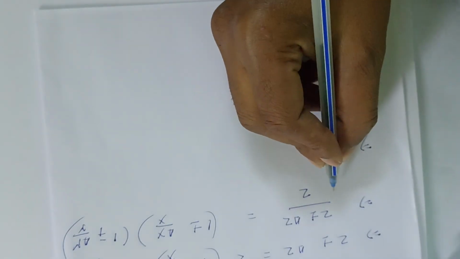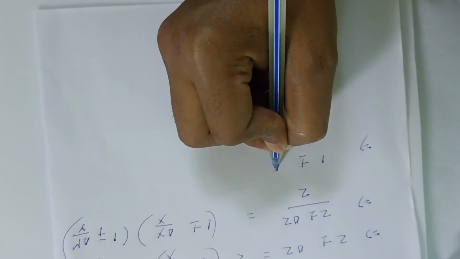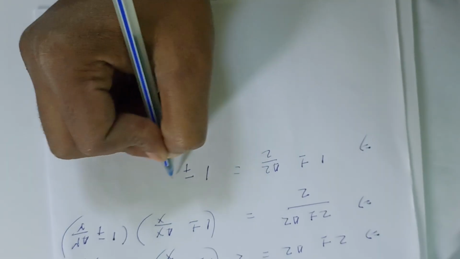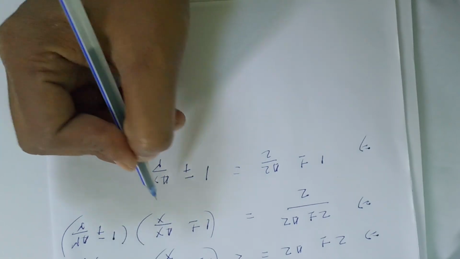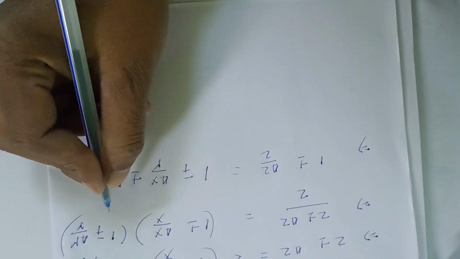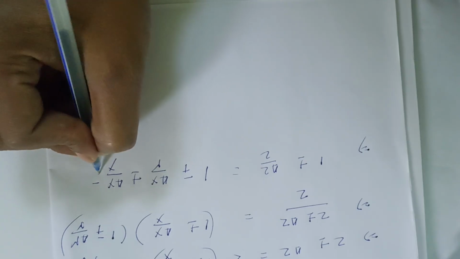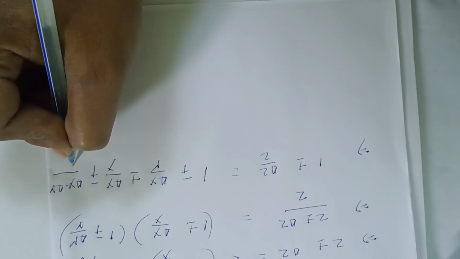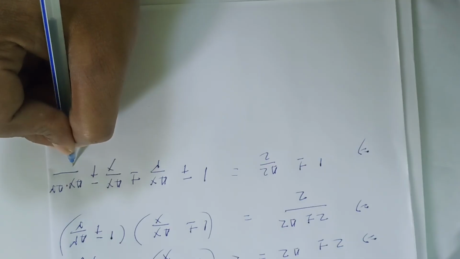this is z, so 1 plus minus del z by z equals 1 minus plus del y by y, plus minus del x by x, minus plus del x dot del y by xy.